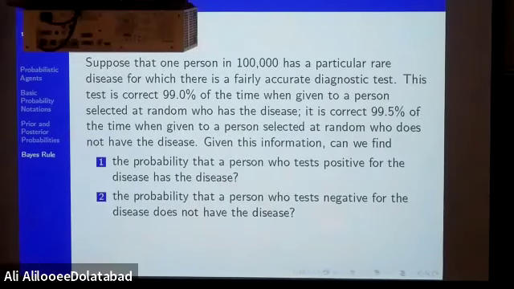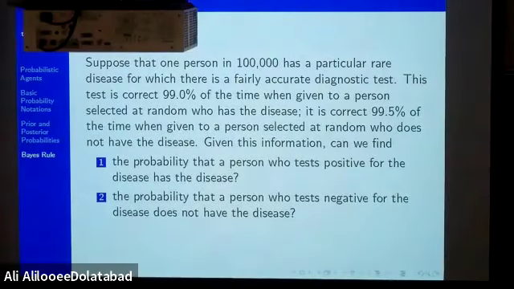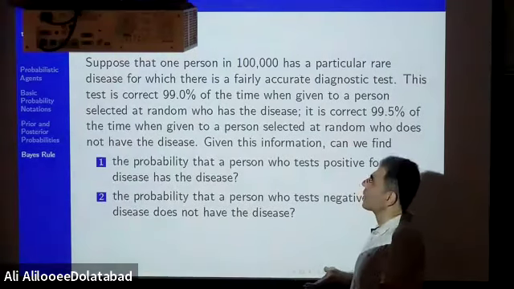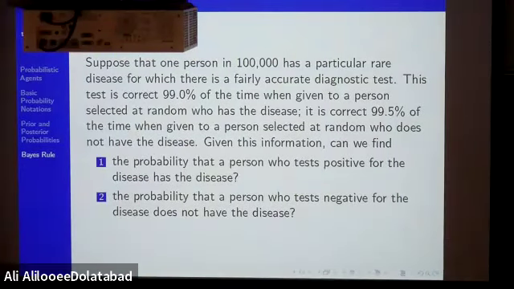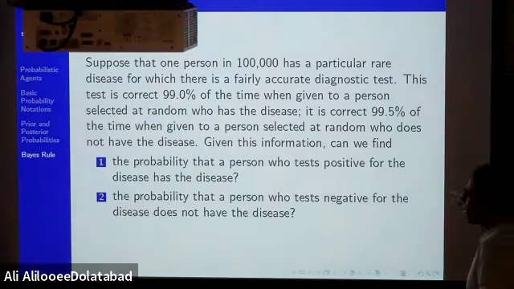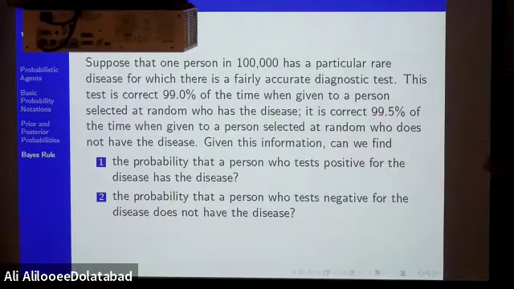I understand, if you have not seen this formula before and it is the first time that you see it, it looks terrible. Let me give you one example to show you how this formula should be used. And you have two examples similar to this problem in your extra credit. Suppose that one person in 100,000 has a particular rare disease for which there is a fairly accurate diagnostic test.